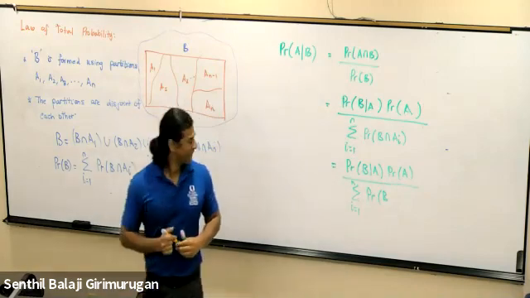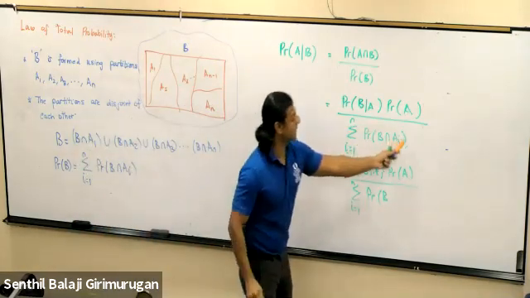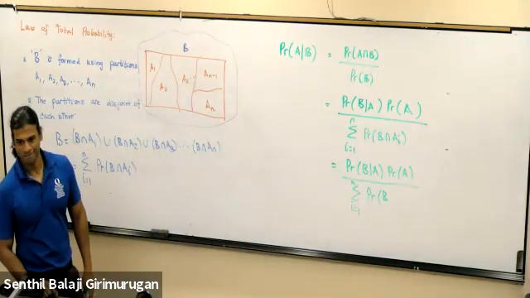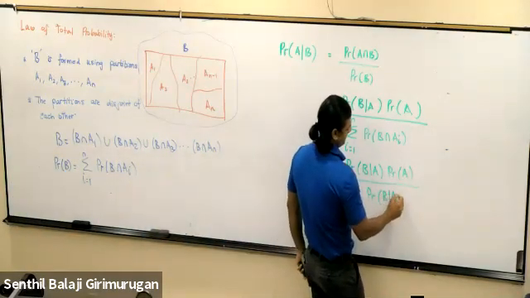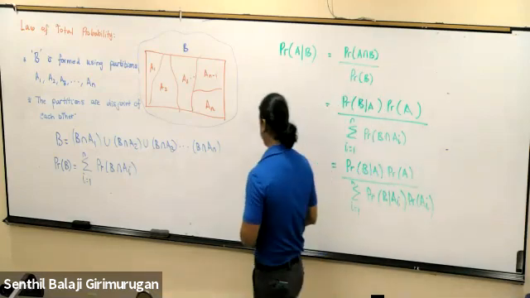If you want to write the summation symbol, it would just be probability of B, because that's what it equals. Now, I want this part expressed in terms of a conditional probability. Is that B given AI, multiplied by the probability of AI?